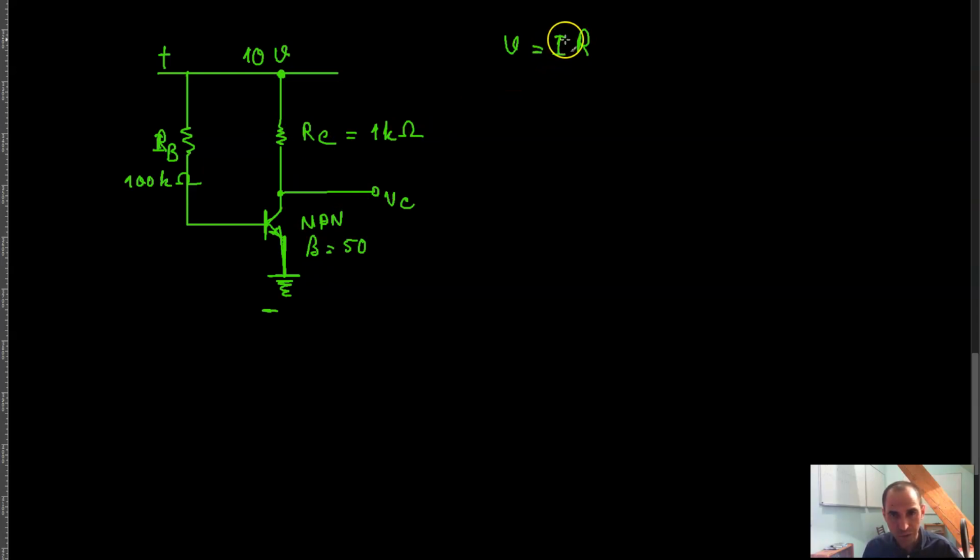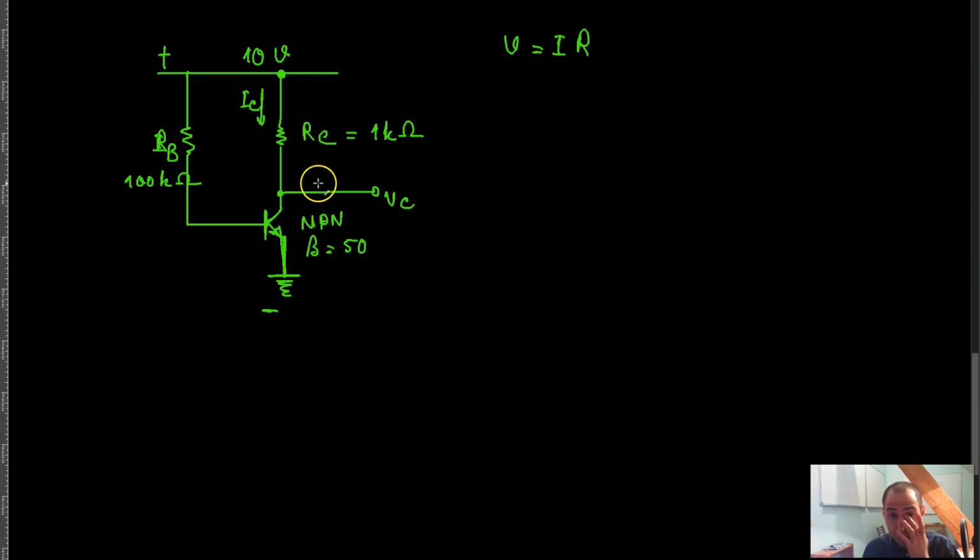But now the problem is that I don't know how much current is going through this resistor. That is basically I of C, right? So I need to calculate I of C first, and then based on that I will be able to calculate the voltage drop across the resistor.